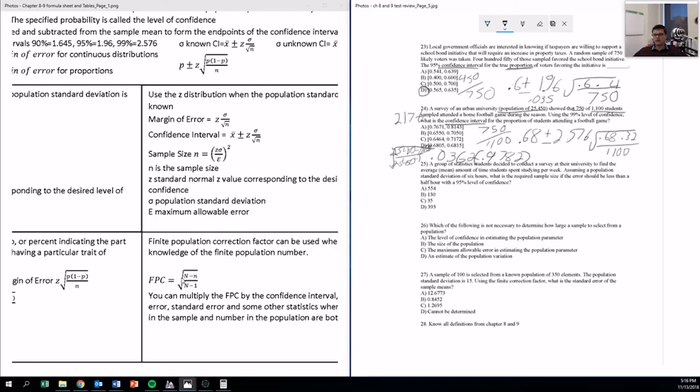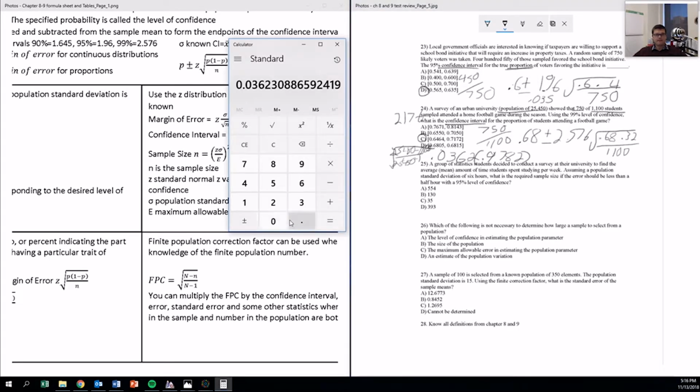Let's see here. 0.0362 multiplied by 0.9782. So the standard error, the margin of error is 0.3544, and so you do 0.68 plus or minus 0.3544.